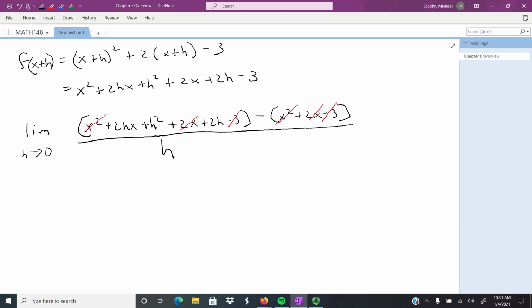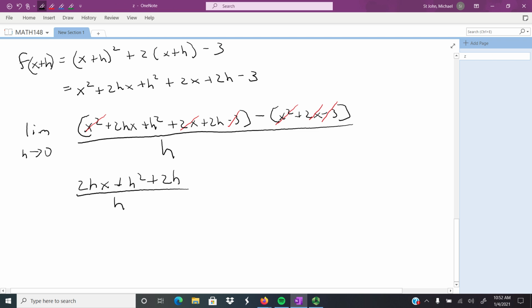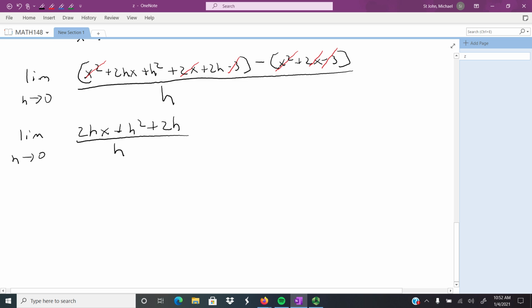And we're left with 2hx plus h squared plus 2h over h. And again, still taking the limit. But now if I look at the top, I can take an h out of everything. So h comes out. So we get a 2x plus h plus 2 over h.